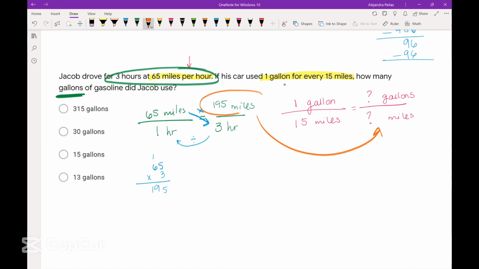And that value is now going to go in here, 195. Now I can solve the second proportion. Cross, multiply, and divide. 1 times 195 is 195.